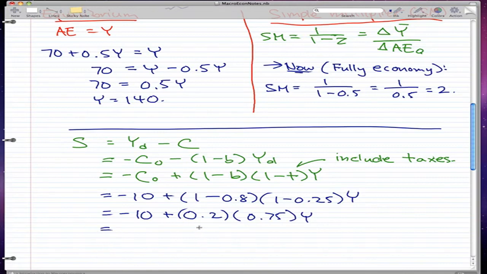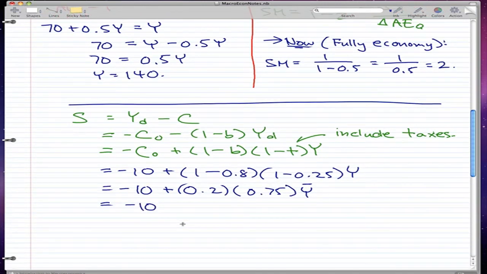This turns into equilibrium Y. So that 0.2 is essentially 1 over 5, and 0.75 is 3 over 4. I'm just doing math here. So we found out that our Y is 140. Well, actually, this is not just Y; forget what I said.